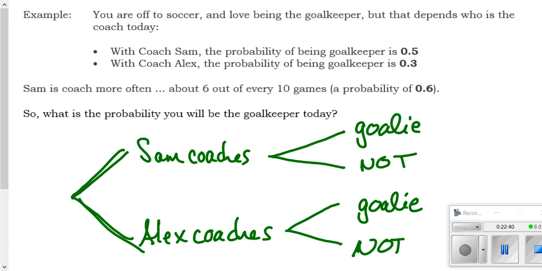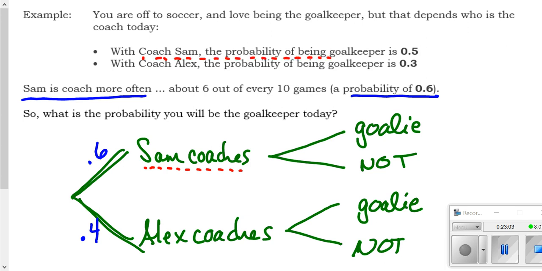Okay, now we're going to go through and put in the probabilities. It says Sam is the coach more often, 60% of the time. So if this is 60%, not Sam is the complement, so that would be 40%. Then over here, if I am now at this part of the diagram with Coach Sam, the probability that I get to be goalie is 50%.